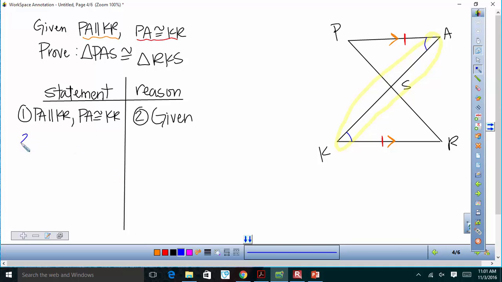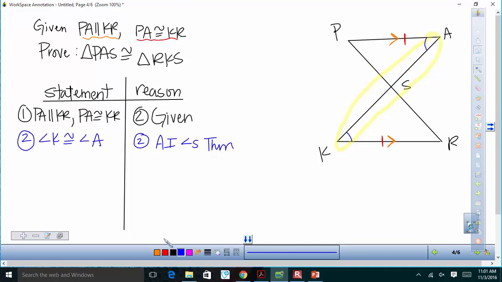So I need to write, if they're alternate interior, they're also what? Congruent. So put angle K is congruent to angle A, and that is alternate interior angle theorem. Good.